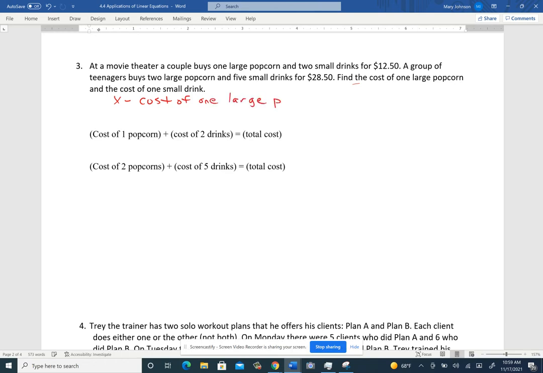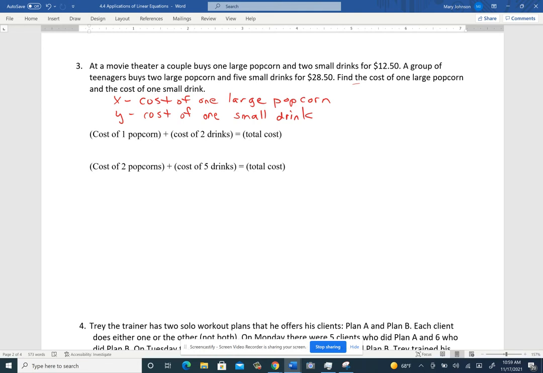We're assuming that they were charged the same for the popcorn and the drinks. And then Y would be the cost of 1 small drink.